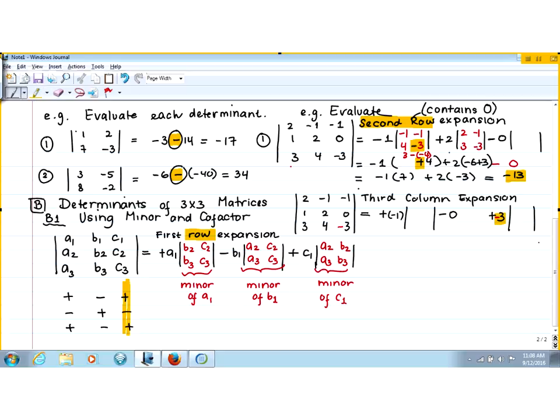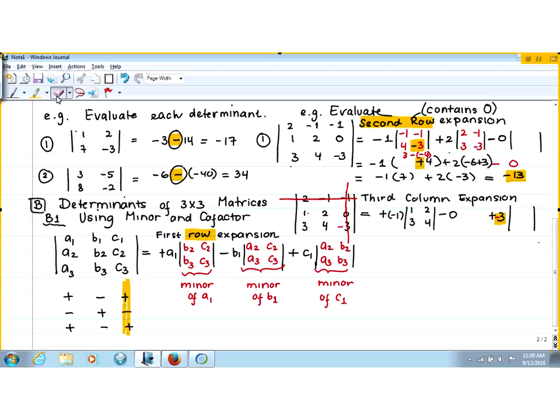If I'm looking at negative 1, which row do I cross? The first row, and then the third column. So what am I left with? 1, 3, 2, 4. Are we okay so far?